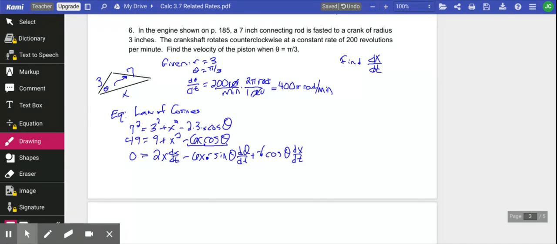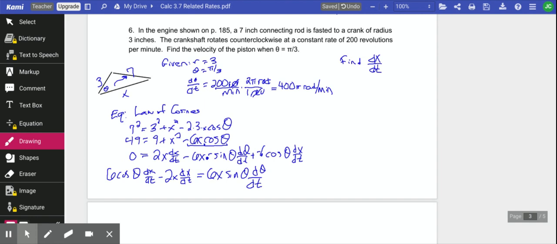So let's see. I'm going to go ahead and move the dx dt's to the left side of the equation. So that's going to give me 6 cosine theta dx dt minus 2x dx dt equals, now this is a negative times a negative, so that's positive 6x sine theta d theta dt.